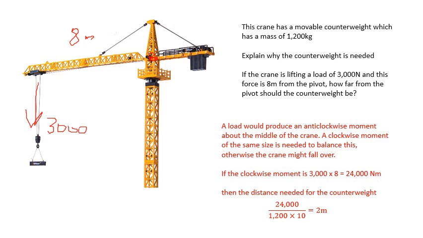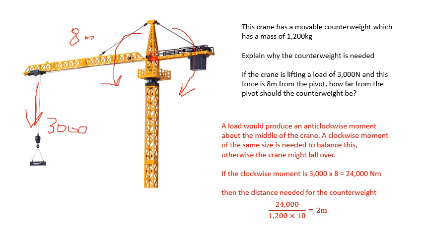So we're going to get an anti-clockwise moment of 3,000 times 8, which is 24,000 Newton meters. So basically, we're going to need a clockwise moment to balance it. This is an anti-clockwise moment. We're going to need a clockwise moment, and that is why the counterweight is there.